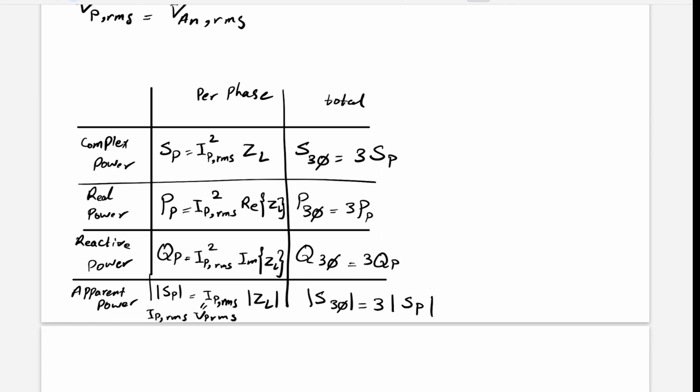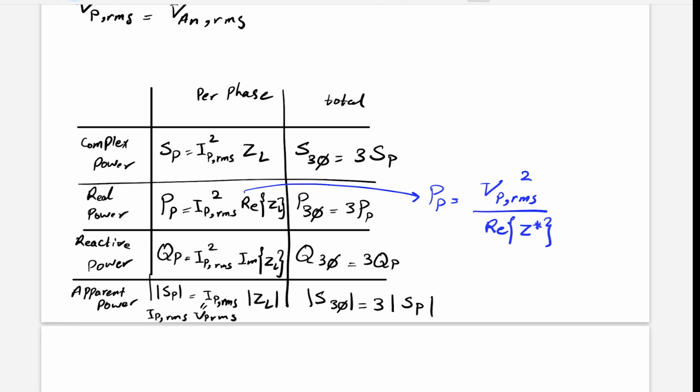Or you can also use another formula to find, for example, this one. What was the formula? It was VP RMS squared over the real part of the Z conjugate.